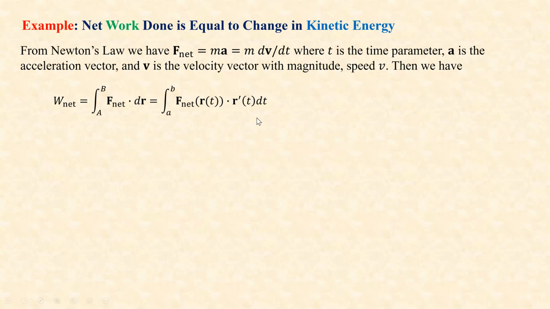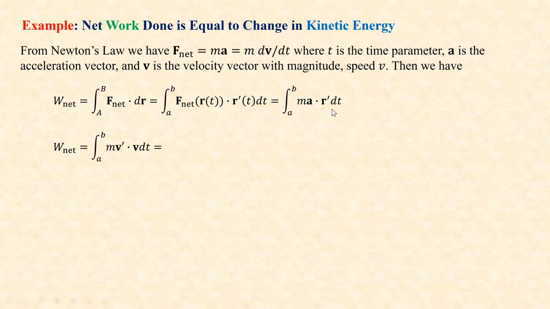That is the math that we just went over, but F net of r(t) becomes m times the acceleration, because F net is mass times acceleration. This just tells you explicitly that it is a function of the position. So we have ma here because of Newton's law, and this is the rest of it. We just dropped the time dependence because we know these are all time dependent.